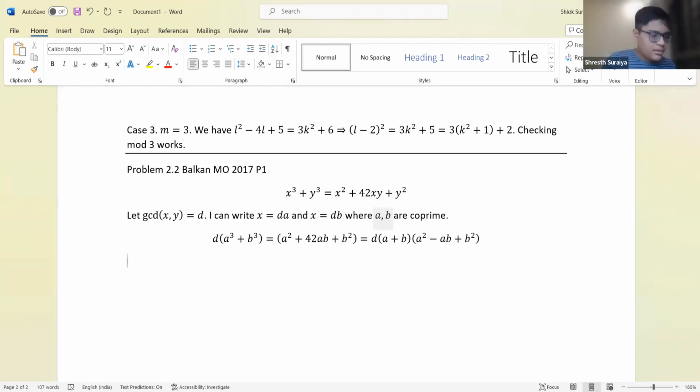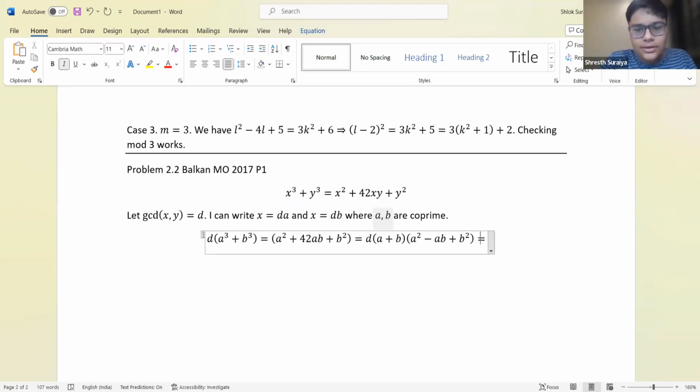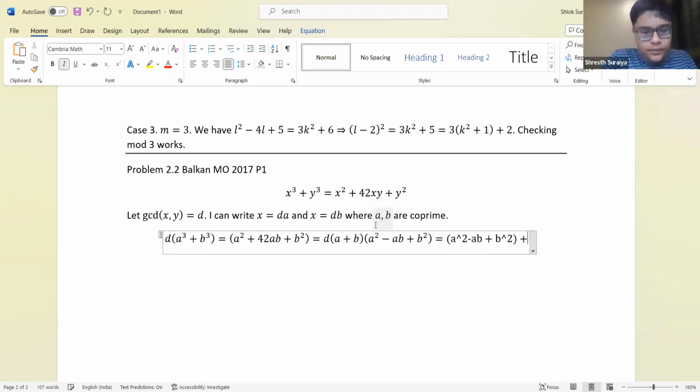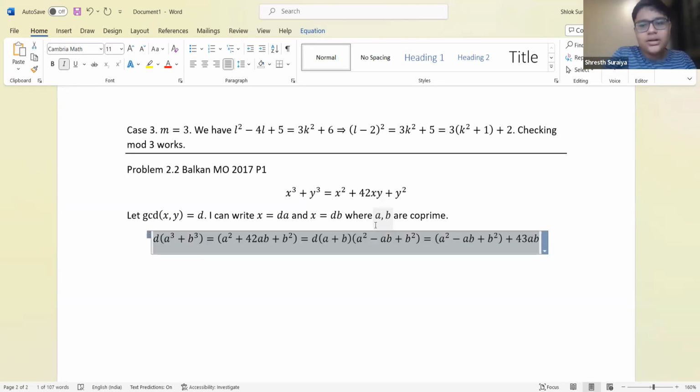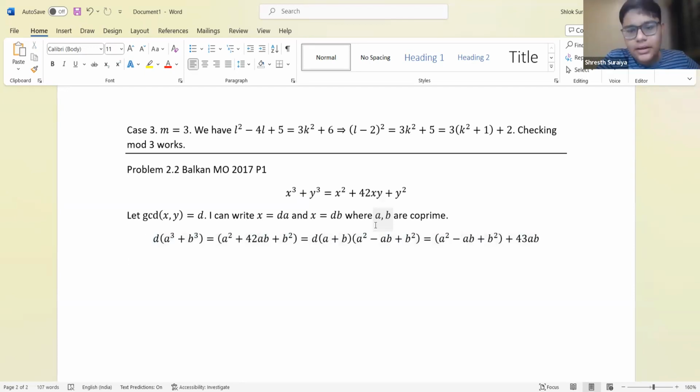So if we rearrange it a bit, a squared plus 42ab plus b squared can be written as a squared minus ab plus b squared plus 43ab. There are two advantages of writing this.